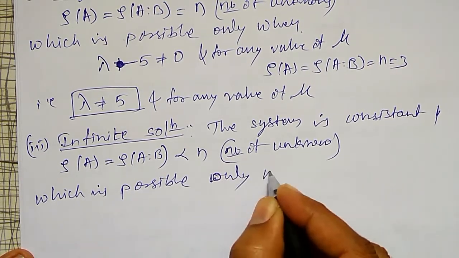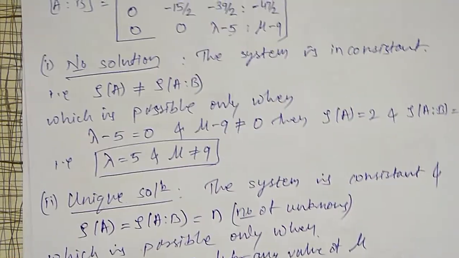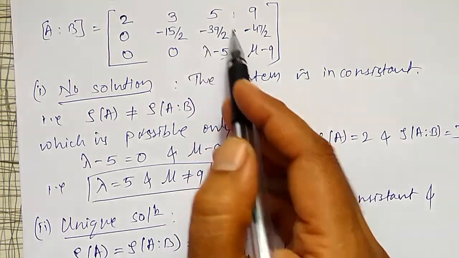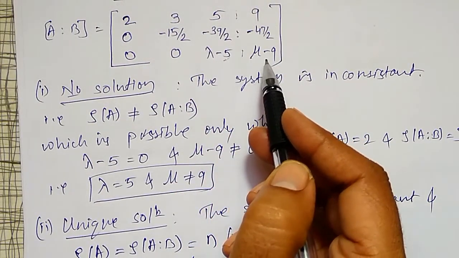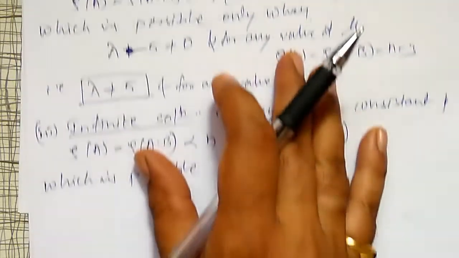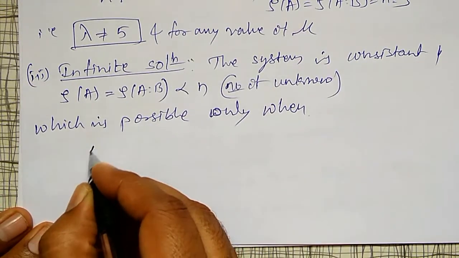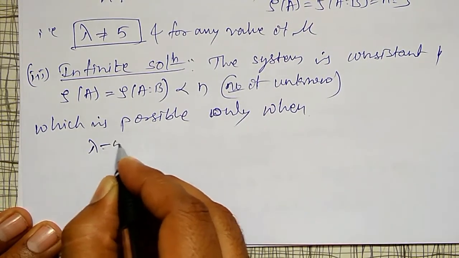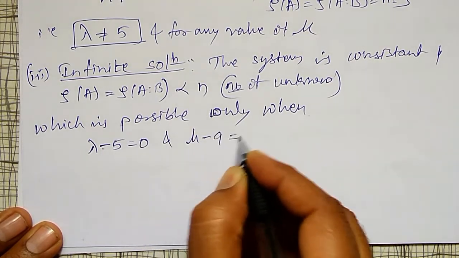This is possible only when rank of A must be equal to 2 and rank of A colon B must be equal to 2, then it will become infinite solutions. That is only when lambda minus 5 must be equal to 0 and mu minus 9 must be equal to 0.